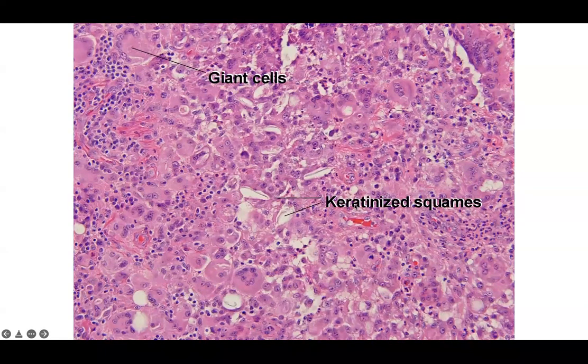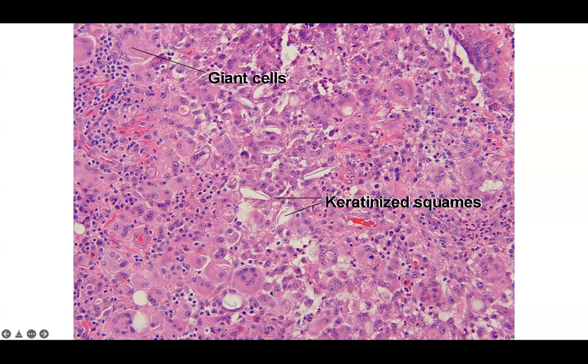Again, here is your keratinized squame. So see the thin keratin fragment. It's kind of like just a cell. It kind of looks like a flake, with this halo, and then you've got a very thin keratin, and this structure is pretty unique.